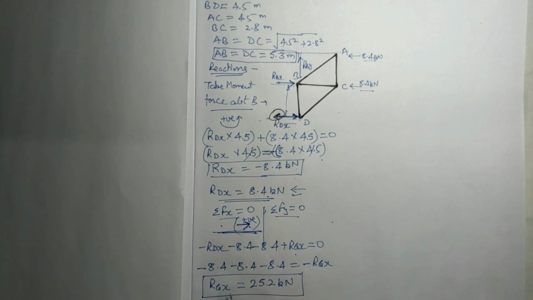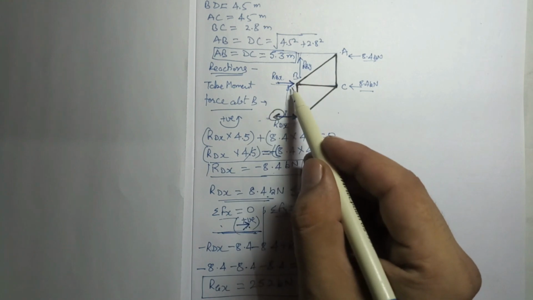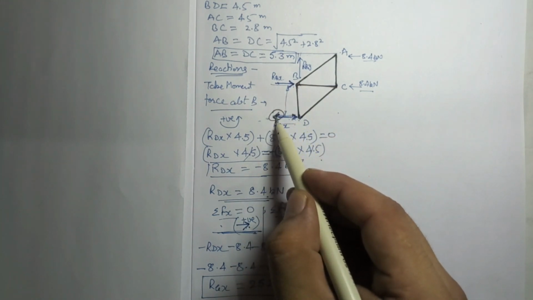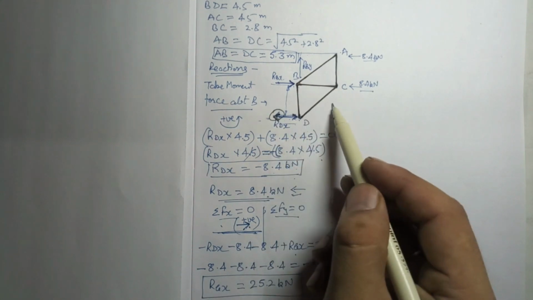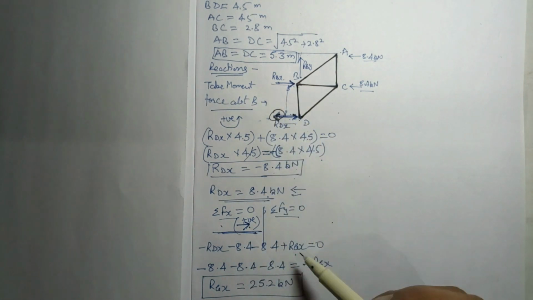Positive means our assumption for RBX, this direction, is correct, we can go with this. So RBX we got on this side and RDX we got on this side. It is just the same as when we find the forces in members: we assume the direction. For reactions also we assume the direction, then we verify with the positive or minus value.